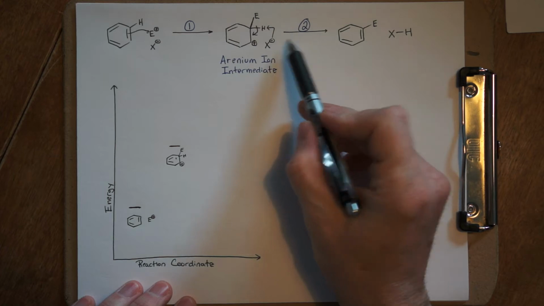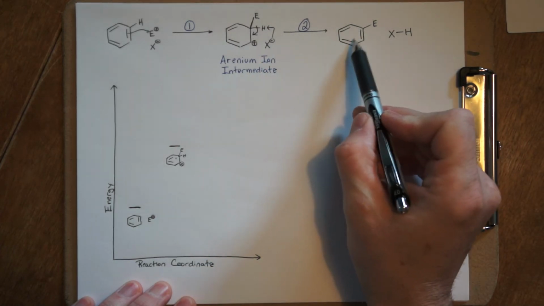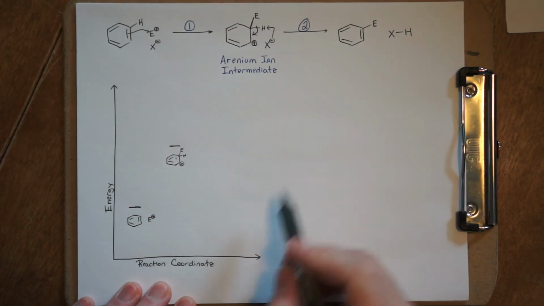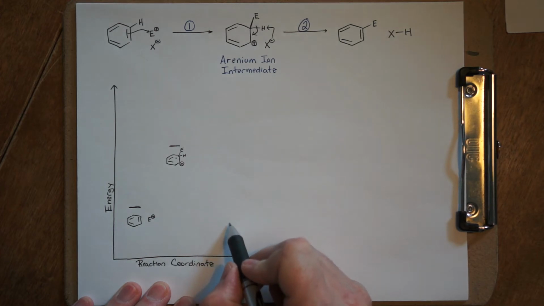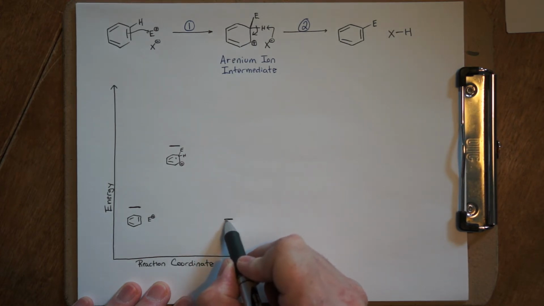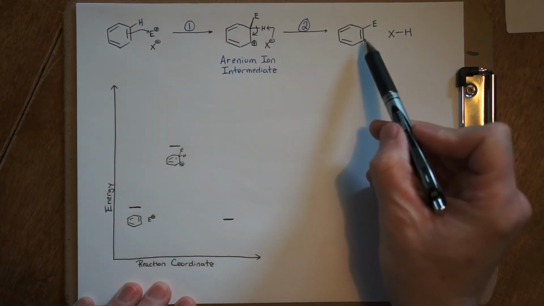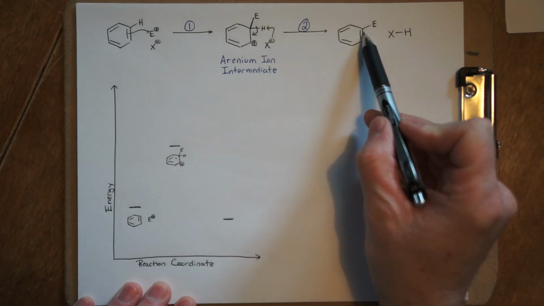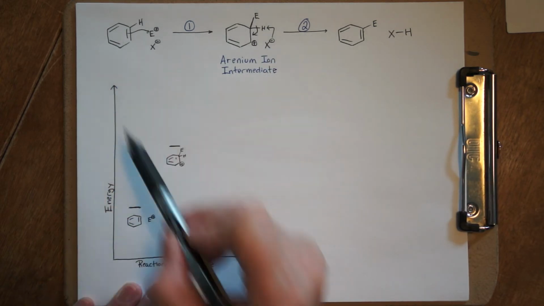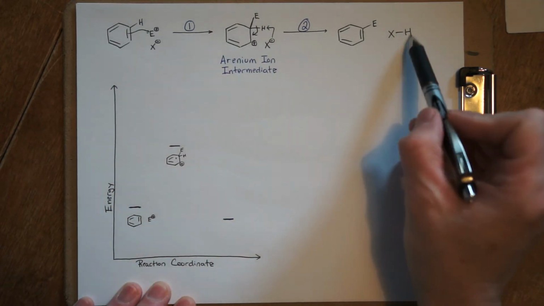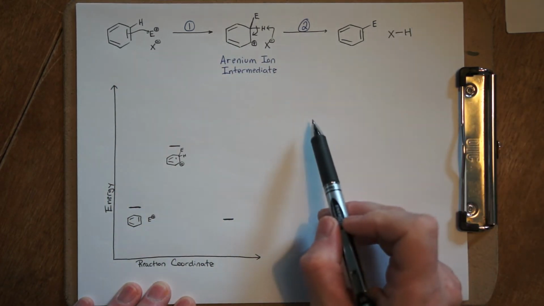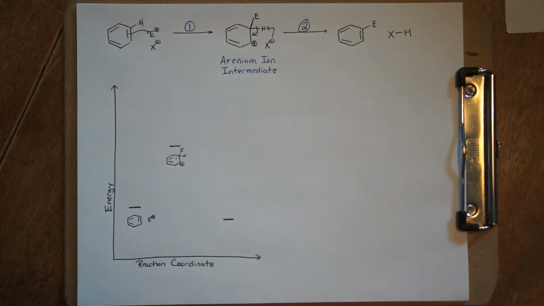So in the second step, right, we're eliminating, re-aromatizing that system, and the idea is that the product is probably going to be lower in energy than the starting material. And it's not so much that the benzene itself is lower in energy than the starting material. It's really that the acid that we're making is going to be lower in energy than the electrophile that we're starting with, right?